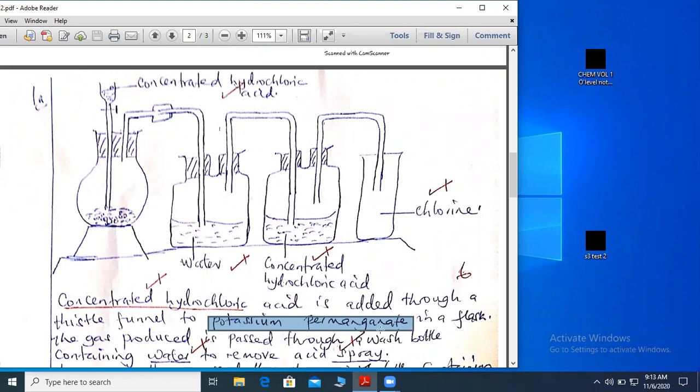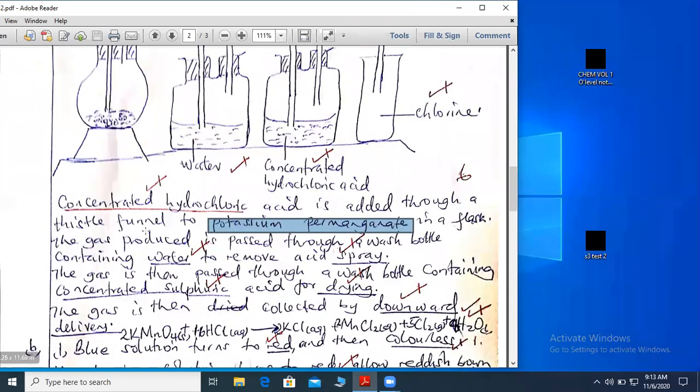Potassium permanganate is in a flask because it is a solid. The gas produced is passed through a wash bottle containing water, and the role of water is to remove acid spray or to remove hydrogen chloride fumes.